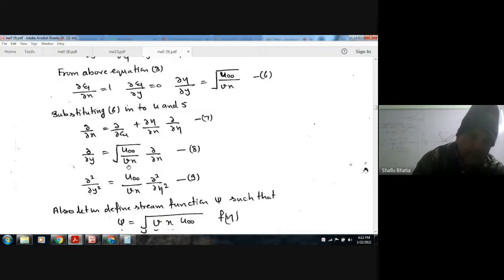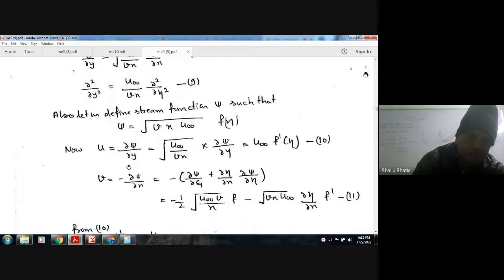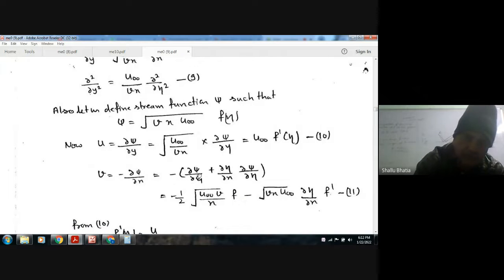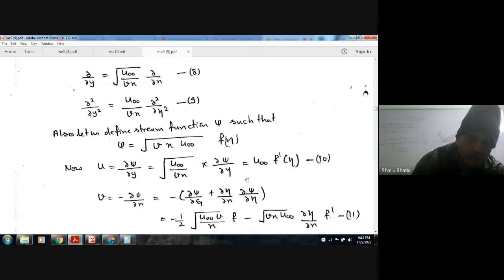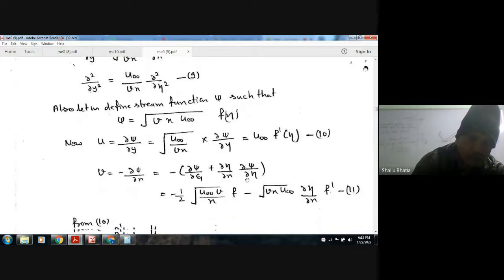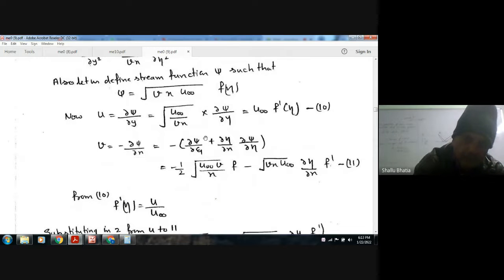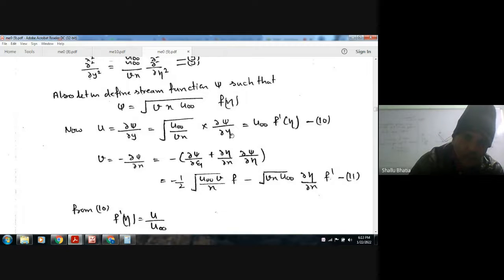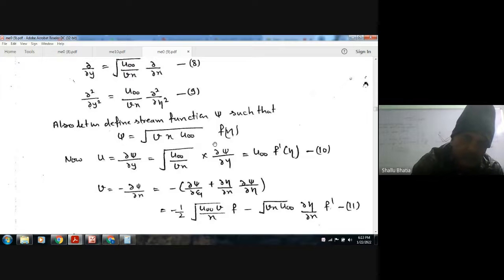Okay, so putting ψ here, this will be this quantity, and ∂ψ/∂ξ is ∂ψ/∂ψ, and this is ∂ψ/∂x. So ∂ψ/∂x we have found.